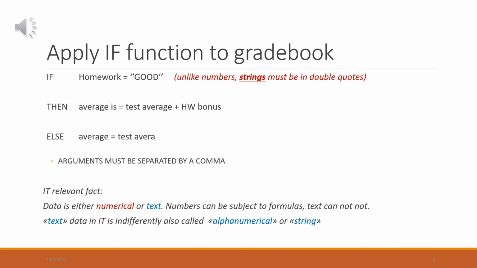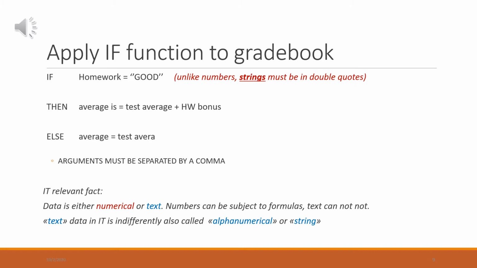If it's good in small caps, it must be good in small caps, but it must be consistent throughout the column. Do not change from good in capital to good in small caps to good with only the capital G. I suggest you do as I have done in the example, G-O-O-D all caps. So the first test is whether the homework is good.